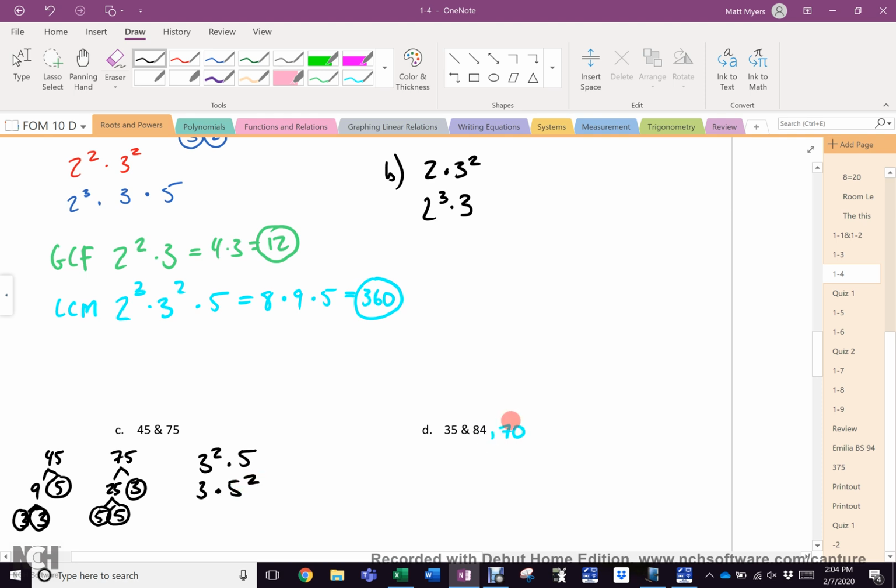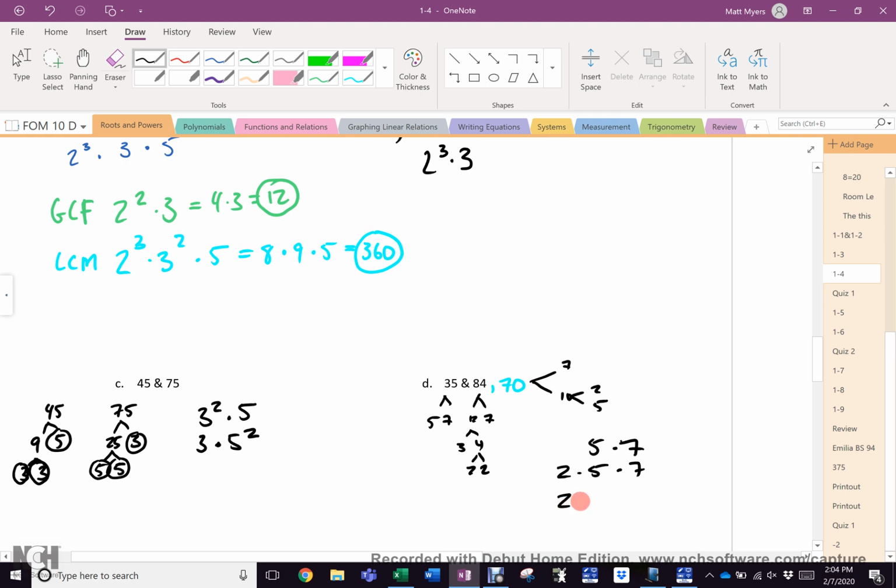And then over here, we have 5 times 7. We have 12 times 7. 3 times 4. 2 times 2, and 70, 7 times 10, 2 times 5. And we have 5 times 7, 2 times 5 times 7, and 2 times 2 squared times 3 times 7.